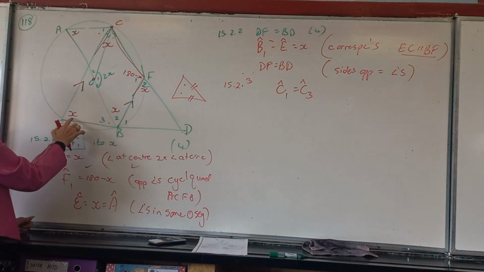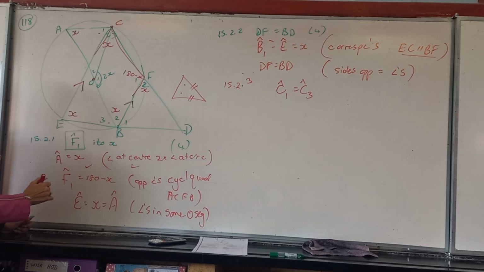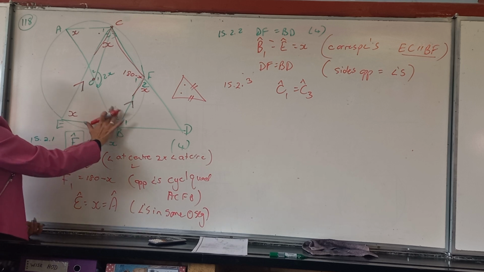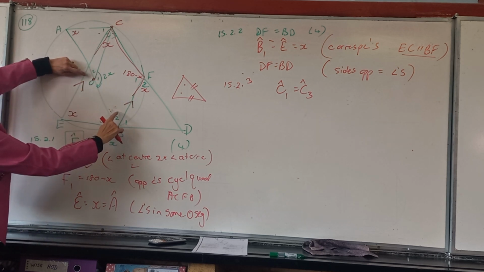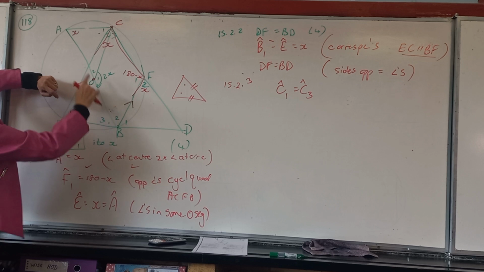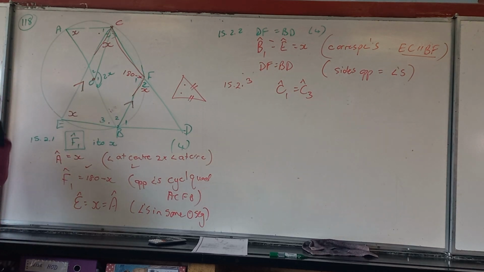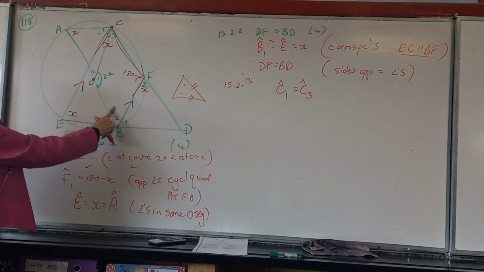So that one is x and that one is x, because of what? Alternate. Are you quite sure? No, can't. You're thinking up, but it's there. Those would both be x. Here's my alternate angles. Are you with me, guys? Right, and it even looked like it.